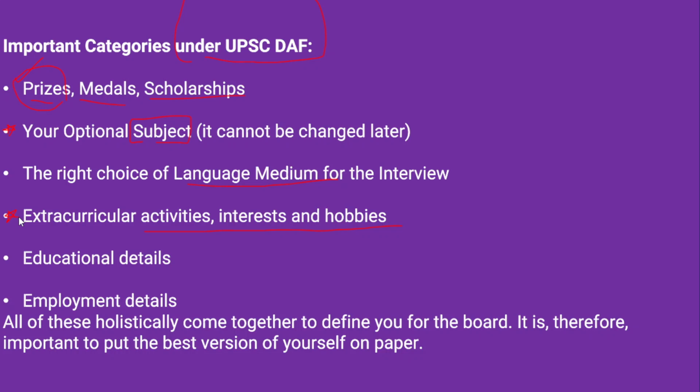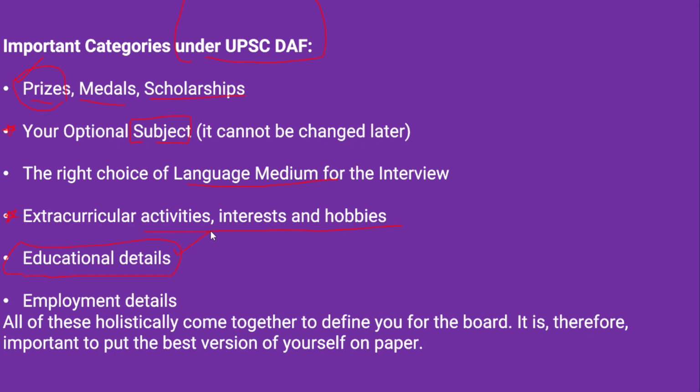In that way you will be assessed, you will be tested, and you will score very good marks. Now after that, the educational details are also very important. Generally on educational details you can expect fewer questions from the UPSC board members, but educational details are also very important.